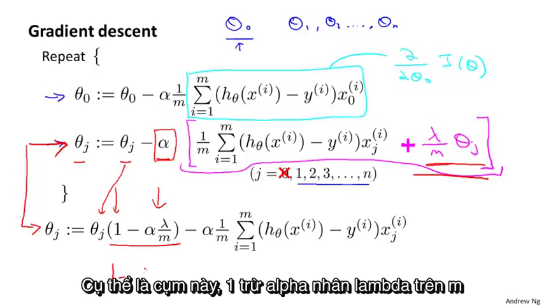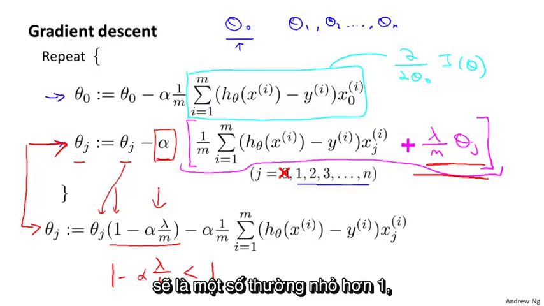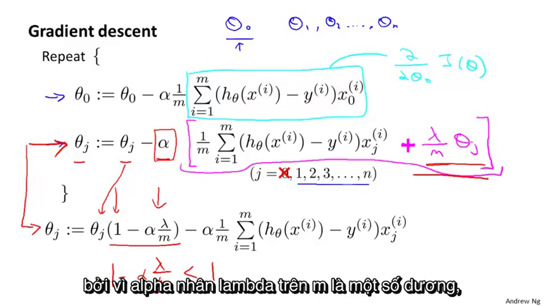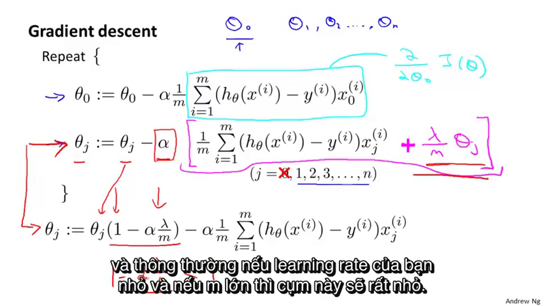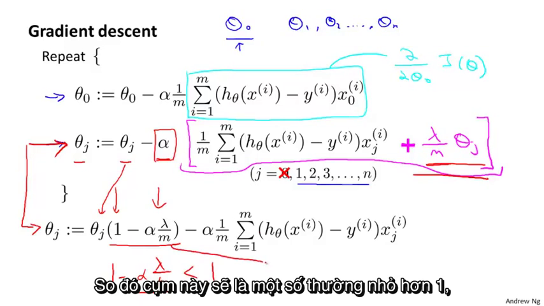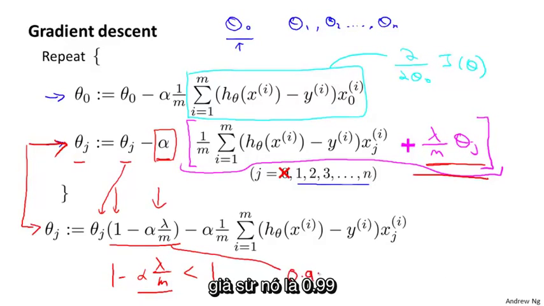Concretely, this term 1 minus alpha times lambda over m is going to be a number that's usually a little bit less than 1, because alpha times lambda over m is going to be positive. And usually, if your learning rate is small and if m is large, this is usually pretty small. So think of it as a number like 0.99, let's say.